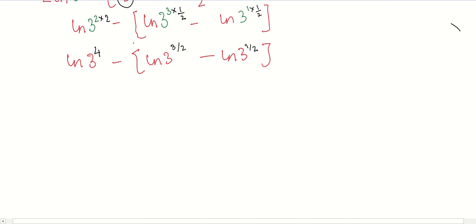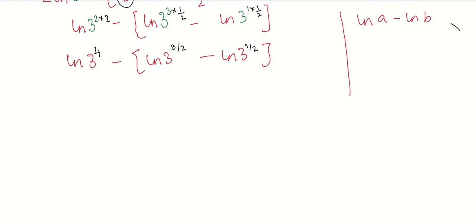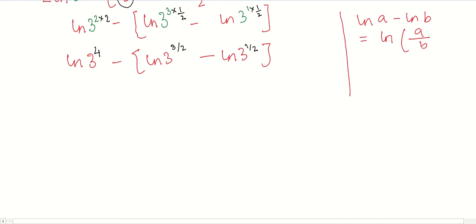Alright, next step what we can do is, I'll just write it here first, that ln A minus ln B equals ln A divided by B. We're gonna use this rule right now. So ln 3 raised to 3 by 2 divided by 3 raised to 1 by 2.